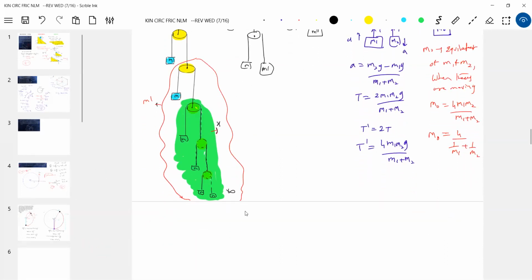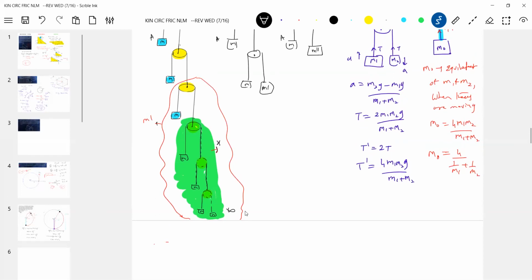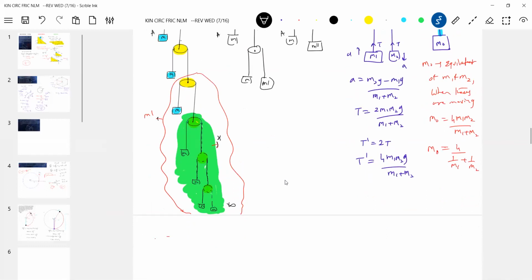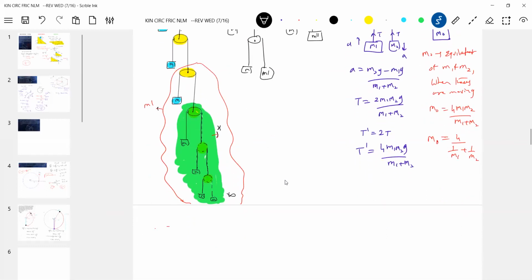I'll write it now. So what is m dash equal to? I think I can't minimize this. I'll try to see this one. So what is m dash? m dash is equal to 4 by 1 by m plus 1 by x.